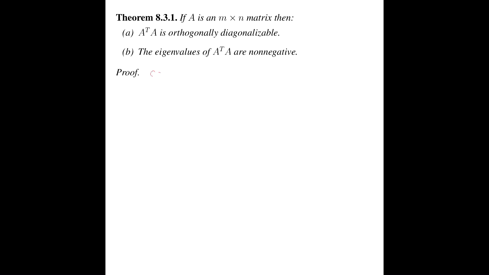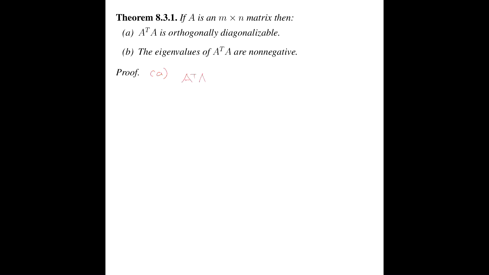The first part is very easy. How to show A transpose A is orthogonally diagonalizable? From the first theorem we talked about today, we just need to show A transpose A is symmetric, right?